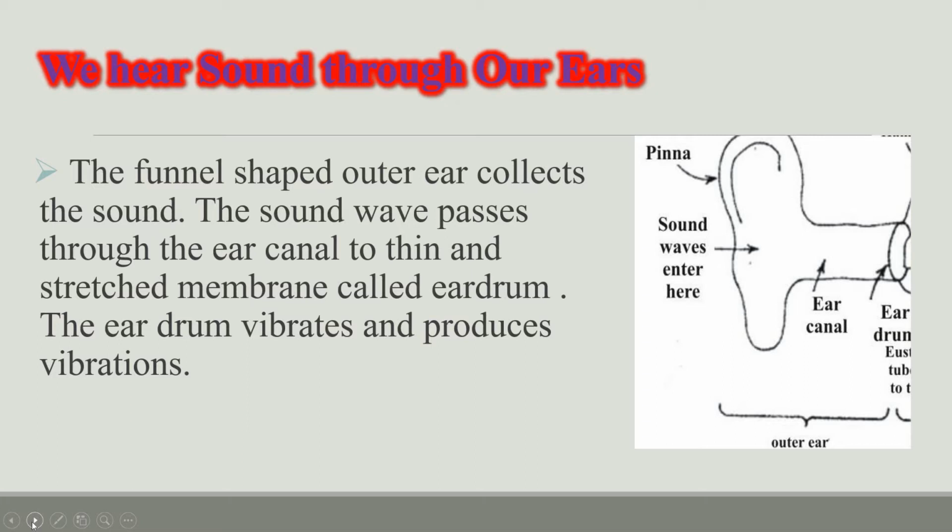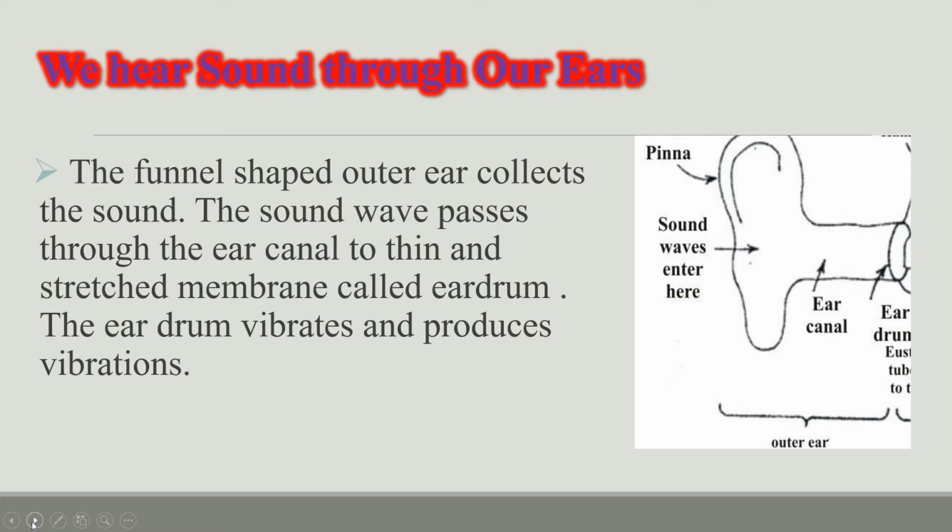We will now describe the construction and working of the human ear briefly. The human ear is divided into three parts: outer ear, middle ear, and inner ear. The shape of the outer part of the ear is like a funnel. The outer part of the ear is called the pinna, and it is attached to a 2 to 3 centimeter long passage called the ear canal.